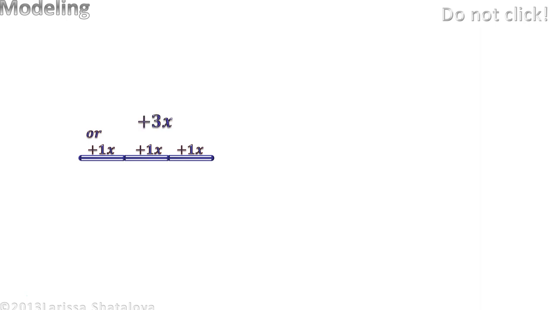So together, the length would be positive 3x, or just 3x. If you have another piece of board longer than the previous one, and we don't know the length, this time we can mark it as a y. It will be positive 1y. If we have one more, together it will be positive 2y's.